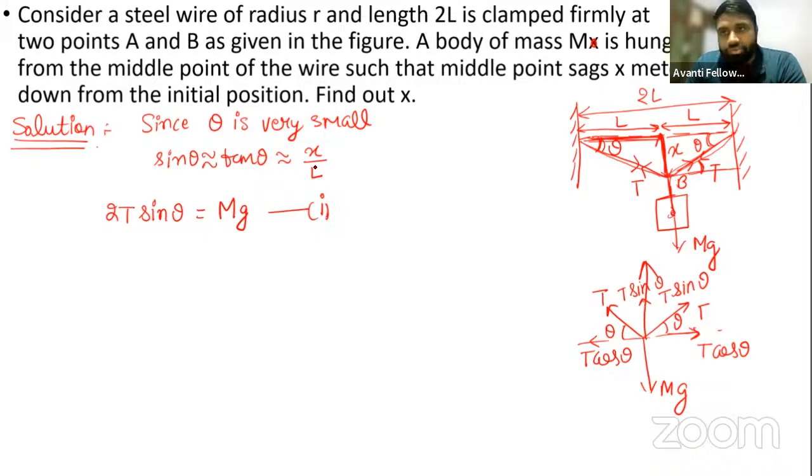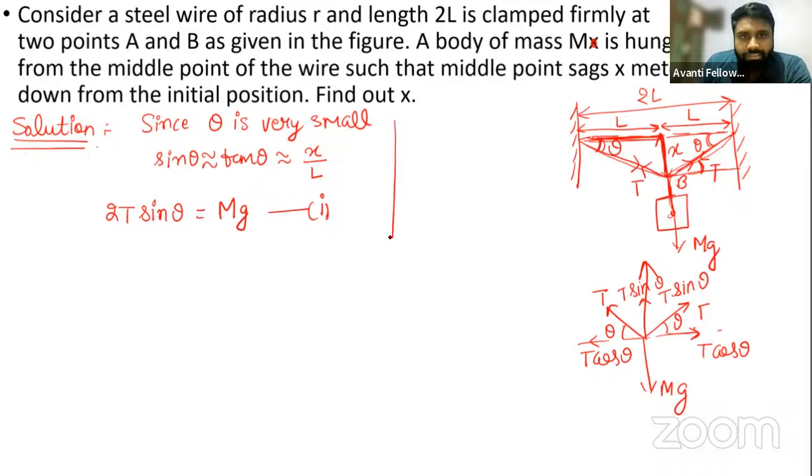Now, the strain in this, because this wire will be stressed. So what is the value of that strain? Because when we apply a load at the middle point, it will stress the wire. So the wire will elongate. So what is the value of that elongation?